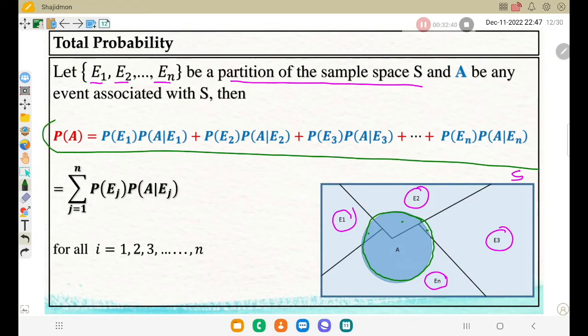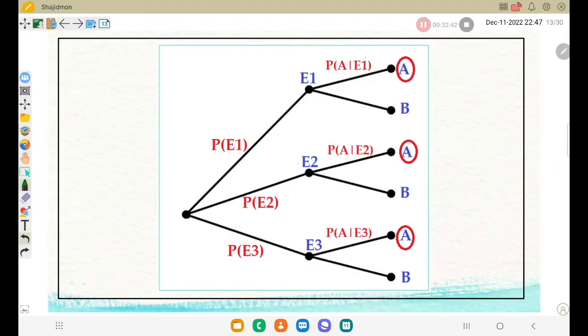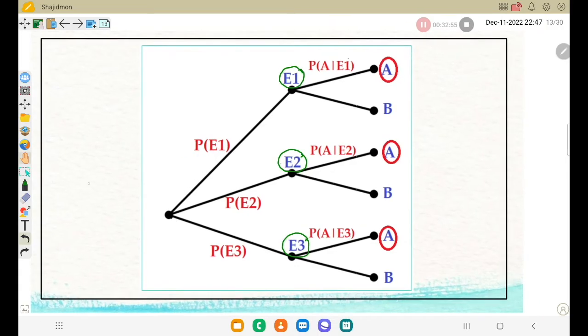Before coming to this rule, you can see this tree diagram. For example, here I have taken 3 events. Okay, 3 partitions, E1, E2 and E3. These 3 we are calling partition, correct? So first partition E1, second partition E2 and third partition E3.